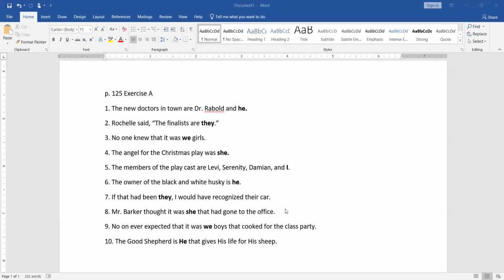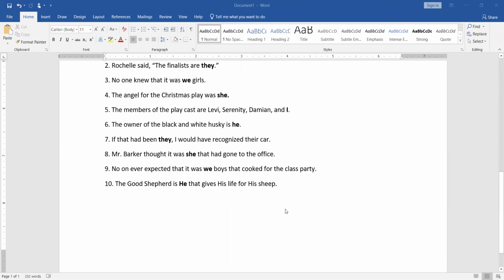You're always the last person in the list. Okay, number six, the owner of the black and white husky is he. Number seven, if that had been they, so again, we have a dependent clause here. That is your subject, had been is your verb, and it is linking, then they is your nominative case.